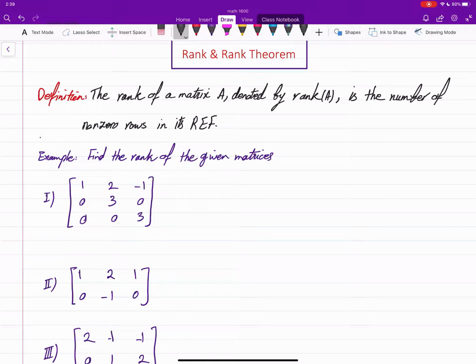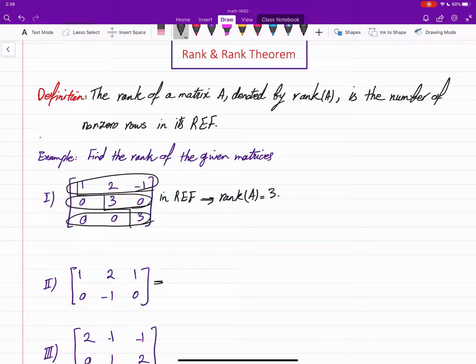Here I have a few examples, and the first one, I see it is in row echelon form. So the rank of the matrix, let me call it A, is going to be equal to the number of non-zero rows: 1 non-zero row, 2 non-zero rows, and 3 non-zero rows.